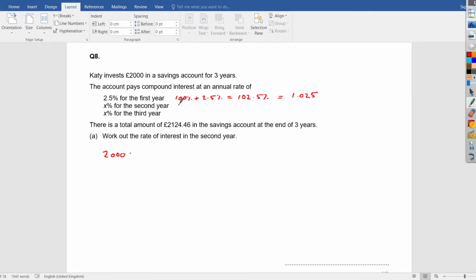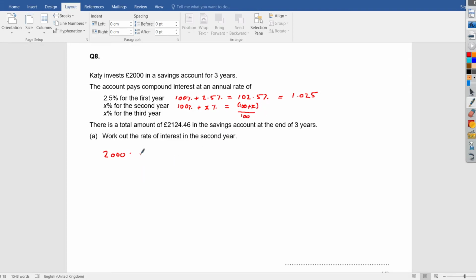For similar reasons, this will be 100% plus x percent, and as a decimal multiplier it's going to be 100 plus x all over 100. That is going to be the same for the third year too.